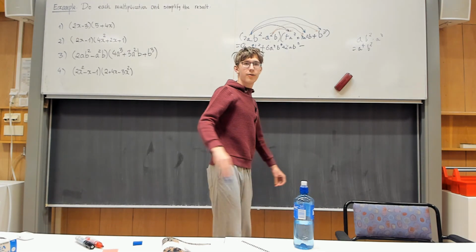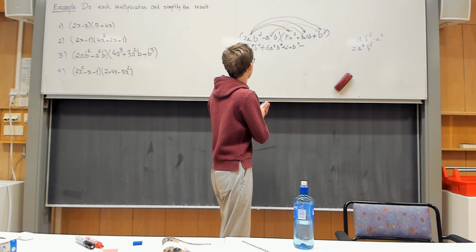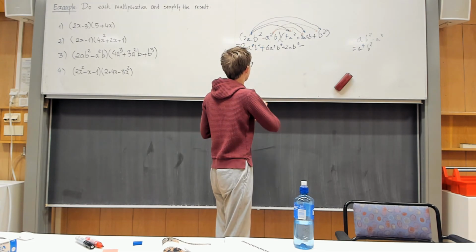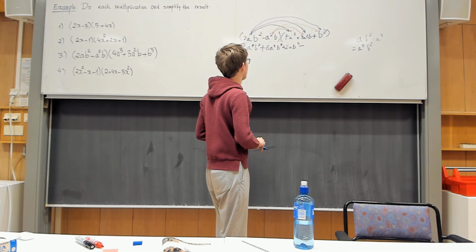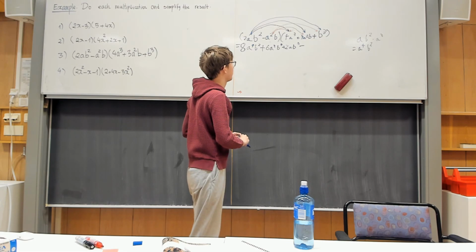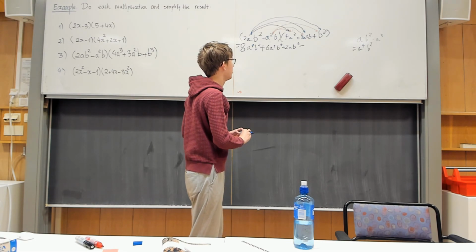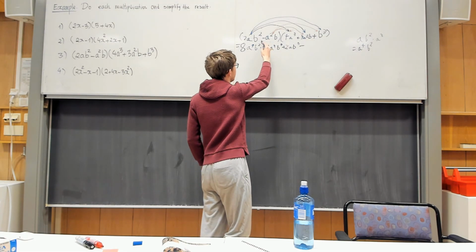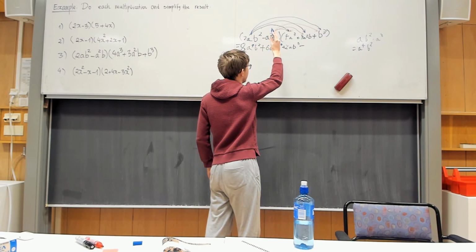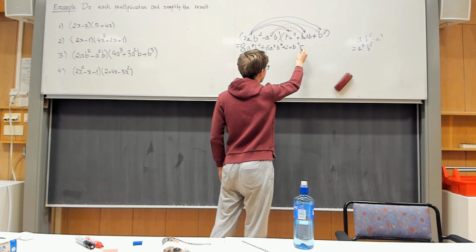Oh, sorry. So now we need to multiply negative a squared times b and positive 4a cubed, and because we have a negative sign and a positive sign, that becomes a negative sign.